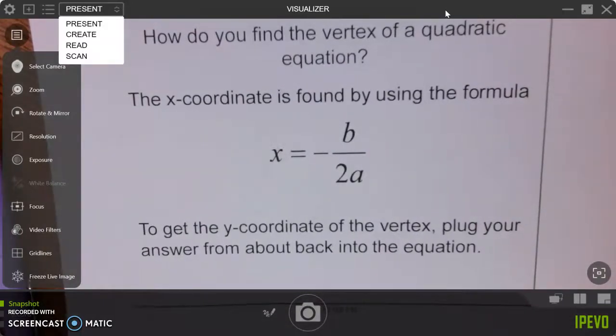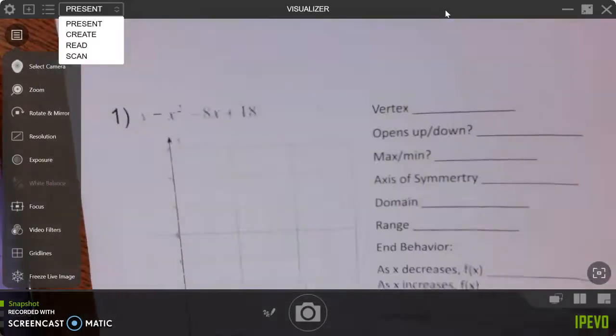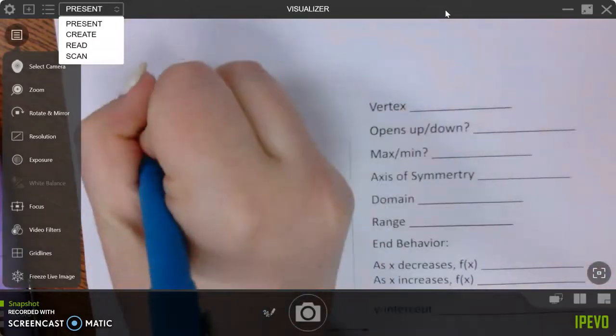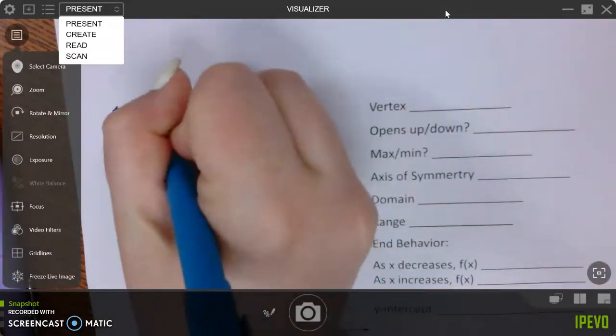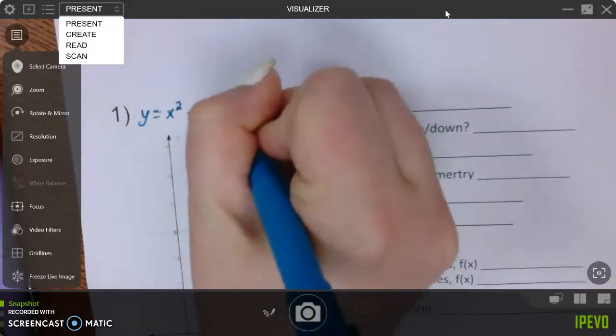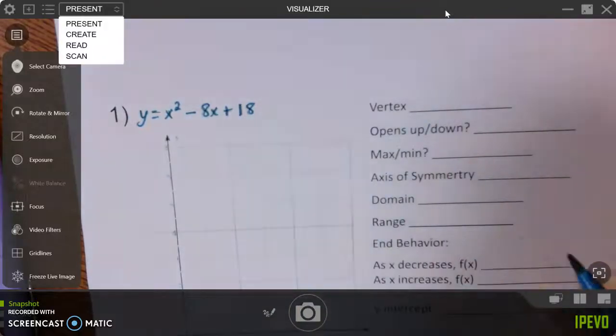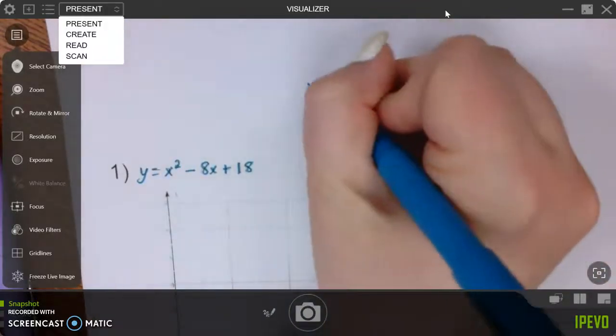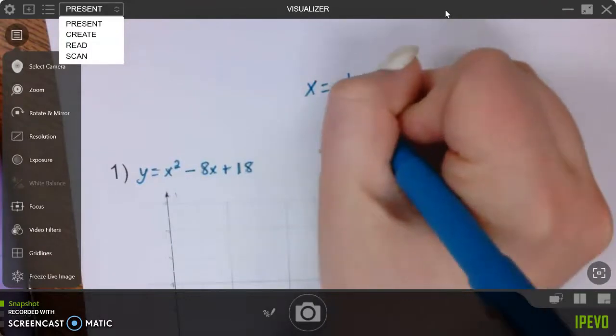Let's do some examples. If you look at the examples in your notes, we're going to look at example 1. This says y equals x squared minus 8x plus 18. To find the vertex, it's going to be x equals negative b over 2a, right?